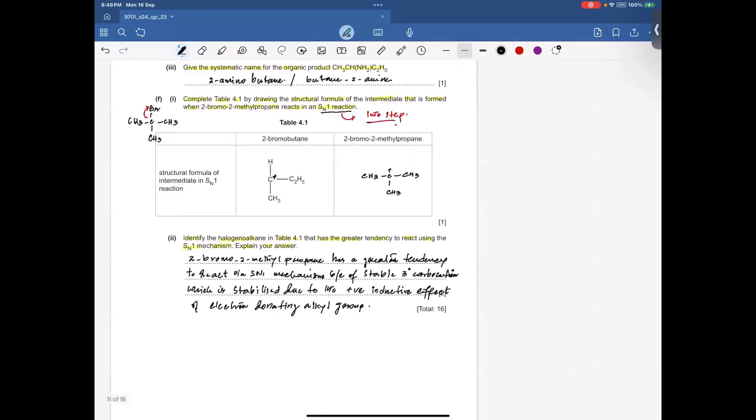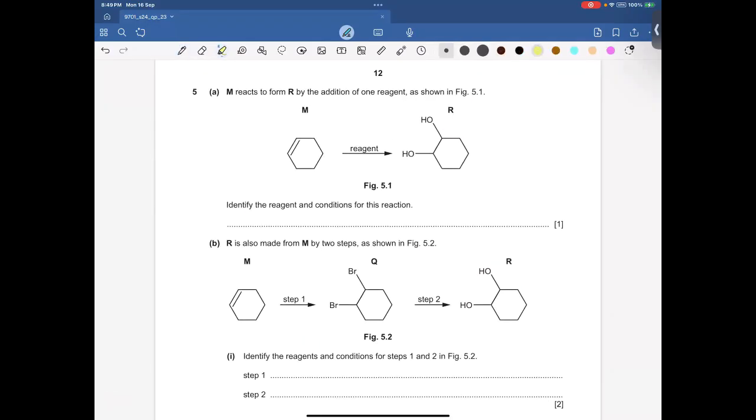Next, question number 5. M reacts to form R by the addition of one reagent as shown in figure 5.1. Identify the reagent and conditions for this reaction. See, M is basically a cycloalkene, all right? Technically, it is an alkene.